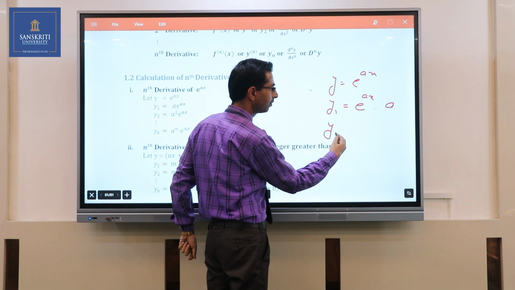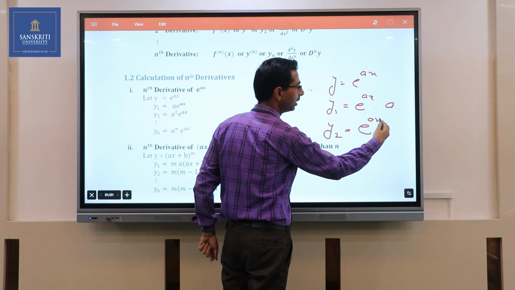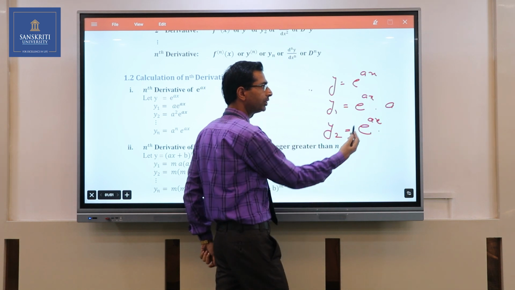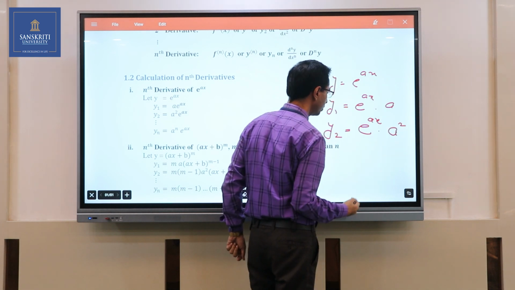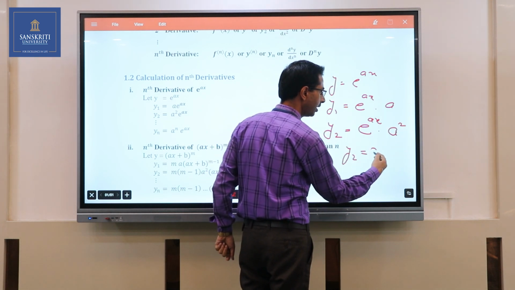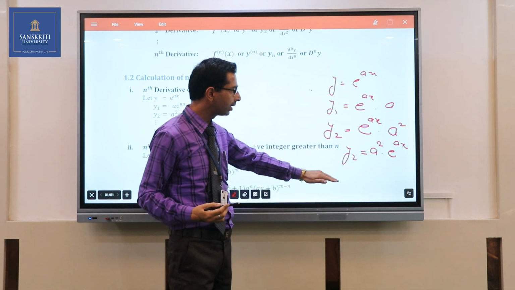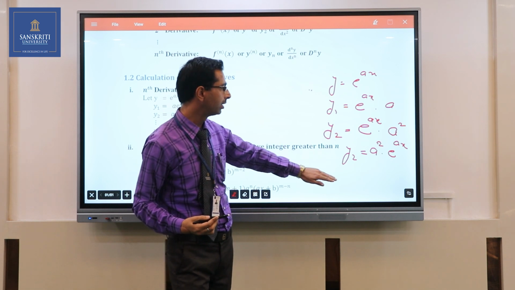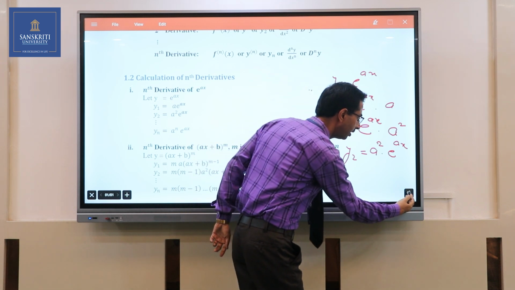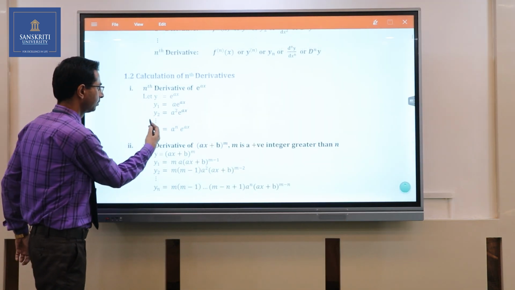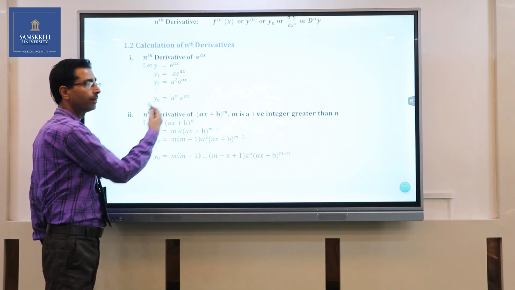Now we find the second derivative y2, the differentiation of e to the power ax, and the differentiation of ax is only a, and a times a is a square. So y2 is equal to a square e to the power ax. And similarly the third derivative y3 is equal to a cube e to the power ax. Now the nth derivative of e to the power ax is equal to a to the power n e to the power ax.